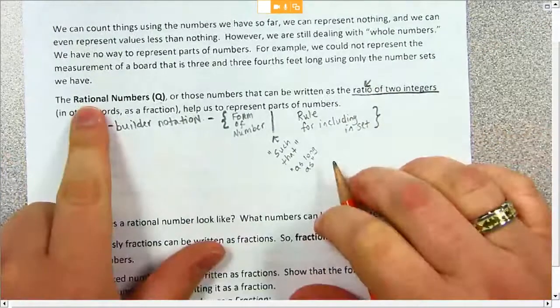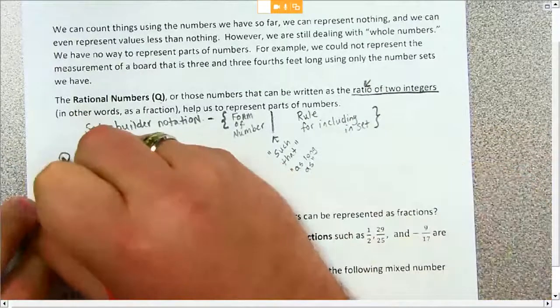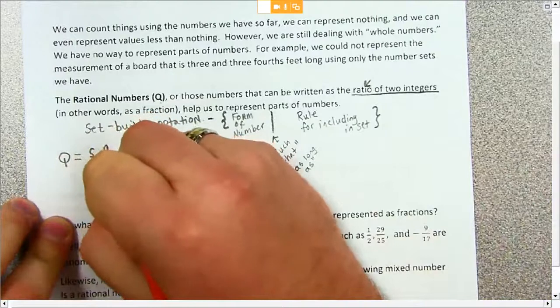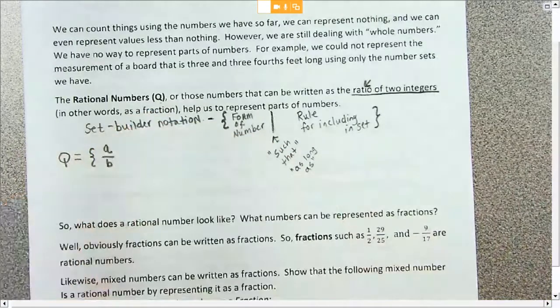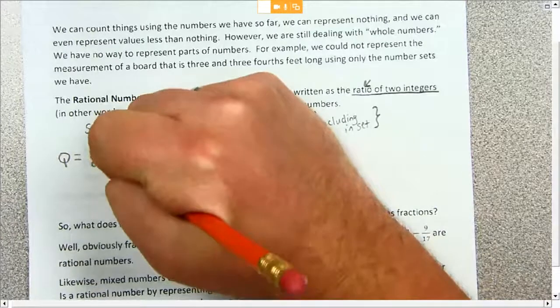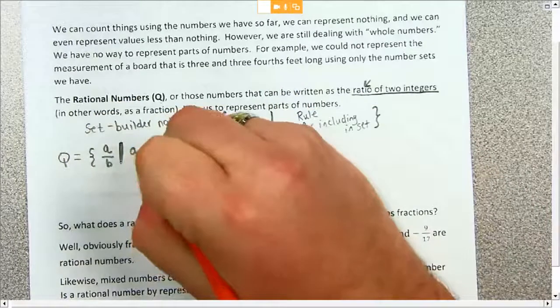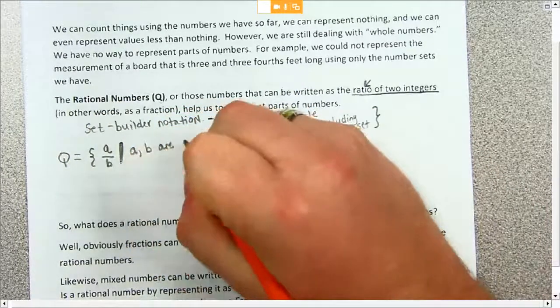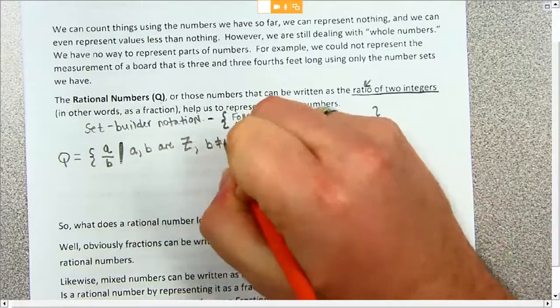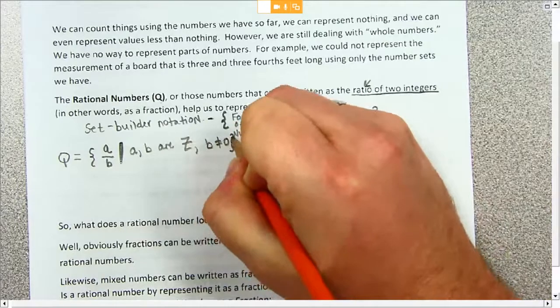So if I wanted to represent the rational numbers in set builder notation, I might say that Q is equal to any number A over B, right? I want it to be a fraction, such that, or as long as, A and B are integers, and B is not equal to 0.